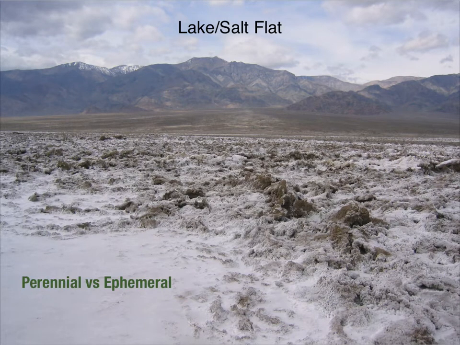This is a photograph from Lake Manly in Death Valley. What you can see is this thick salt crust that's on the lake floor. And of course, this does fill with water periodically, and then the water dries out and precipitates out this salt. And we're looking up into one of the adjacent fans that are coming out of the Panamint Range just to the east.